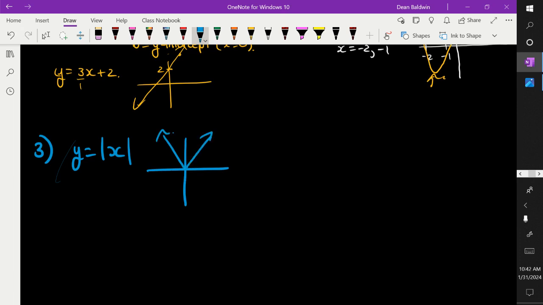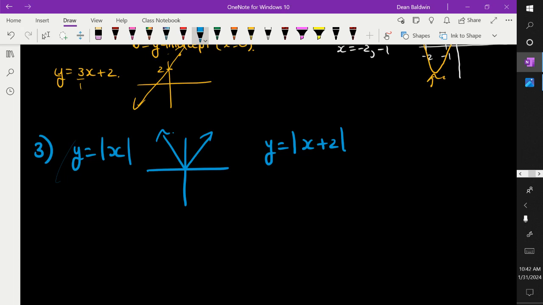Okay. Then you did transformations, which moves it. So if we went absolute value of x plus 2. Which way did we go?